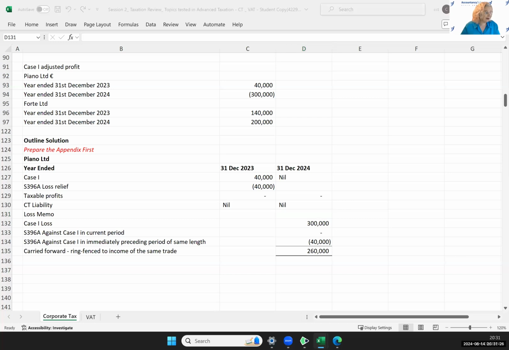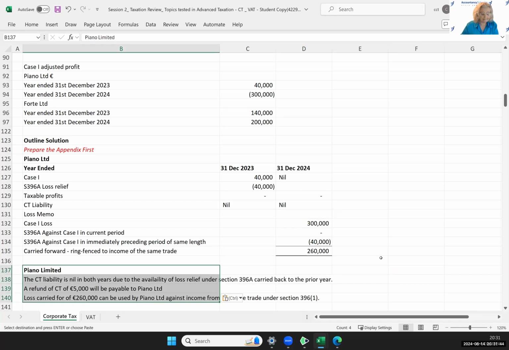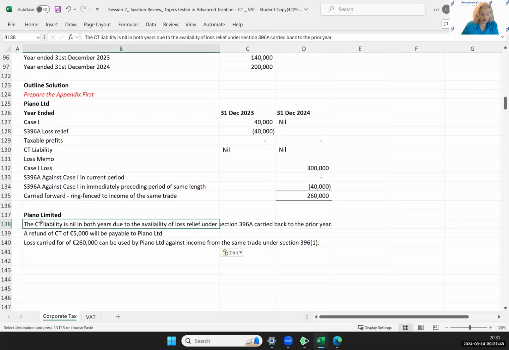Because you were asked to write a memo to your manager, you would have to give an explanation. So here's what I would have put into my words. This would have been in my appendix, and here's what would have gone into my memo. I've just used my words to explain what was going on here.